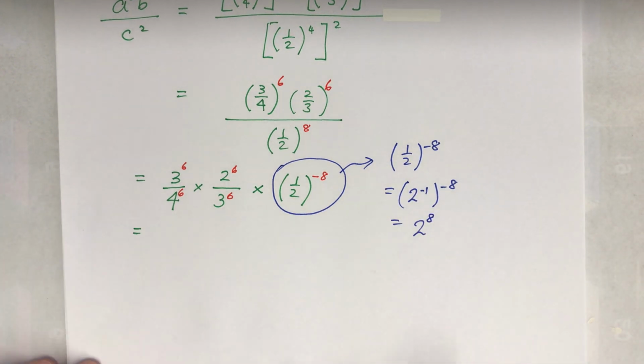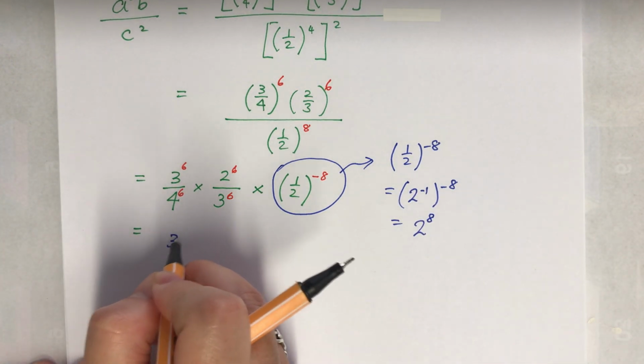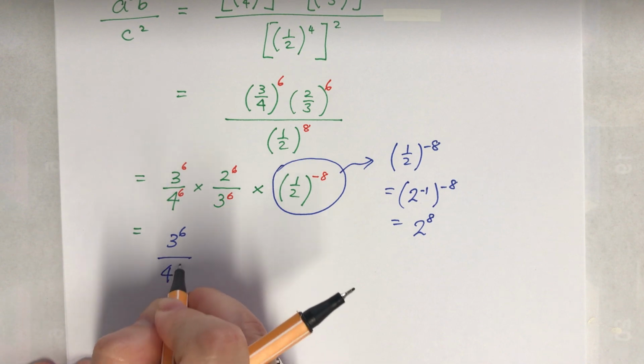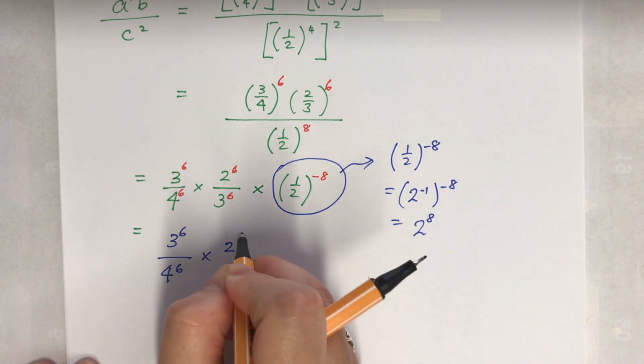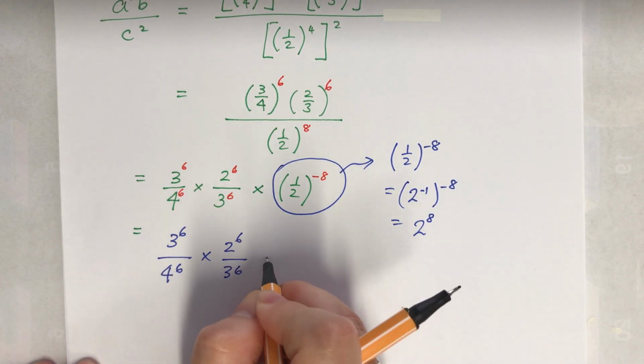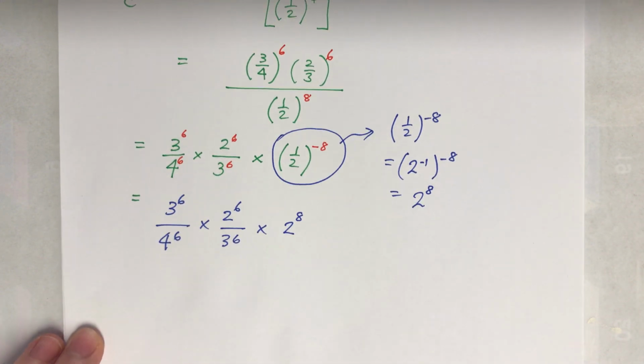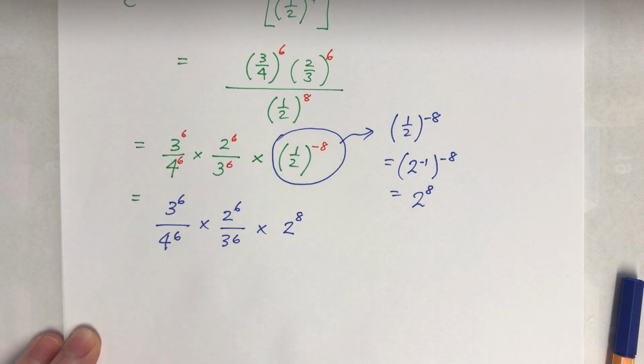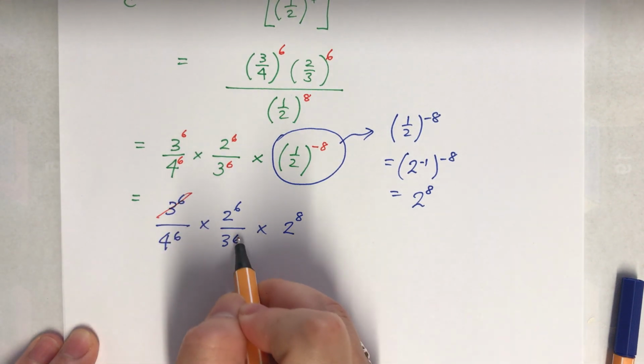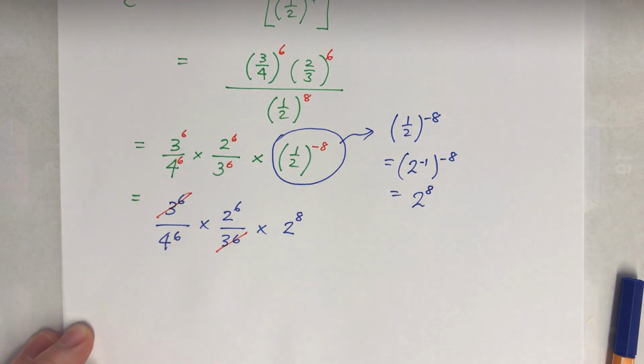To the power of 8. So what happens here now is this. That's what happened. And this is a good time to cancel things that we want to cancel.